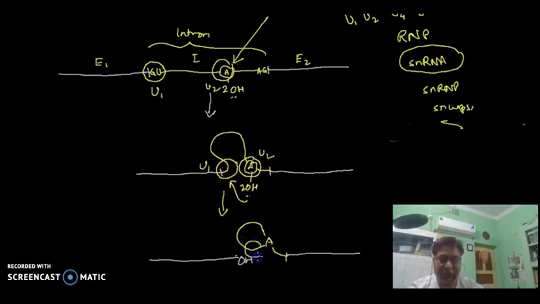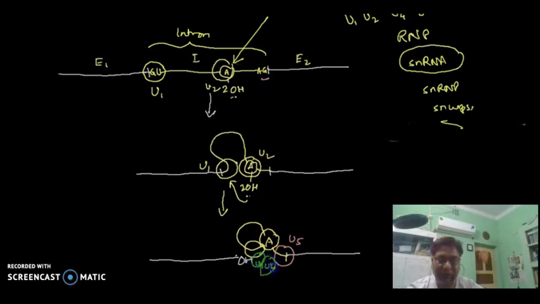This is U1, this is U2. Then U5 is also recruited, and it binds with the AG site on the 3' downstream side. So this is U5, and U4 and U6 also come in and associate over here.